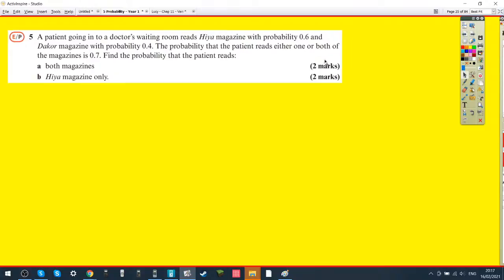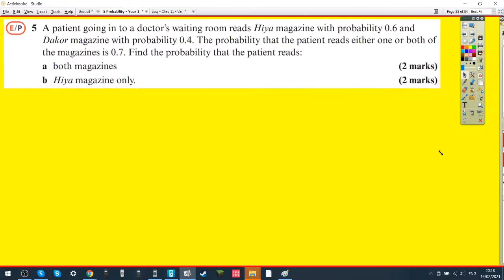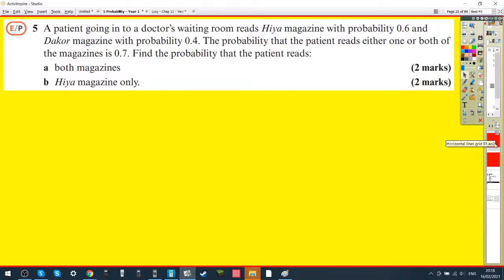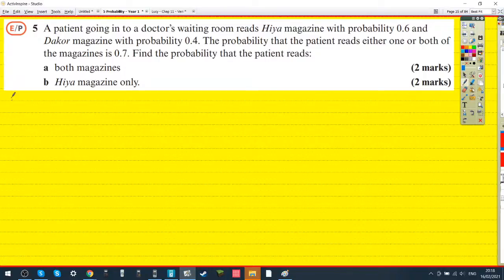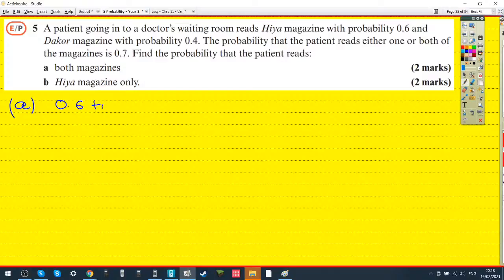Let's see. All right, how about this? So would it be 0.6 plus 0.4 equals 0.7, and then minus the other part that gives you the middle, which is A and B. Yeah, I'll call it H and D or something.